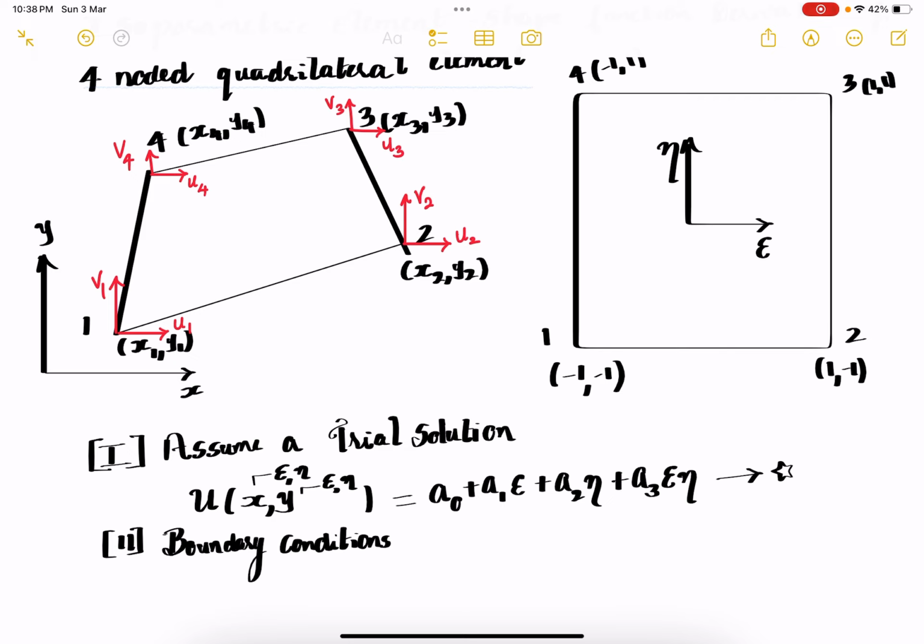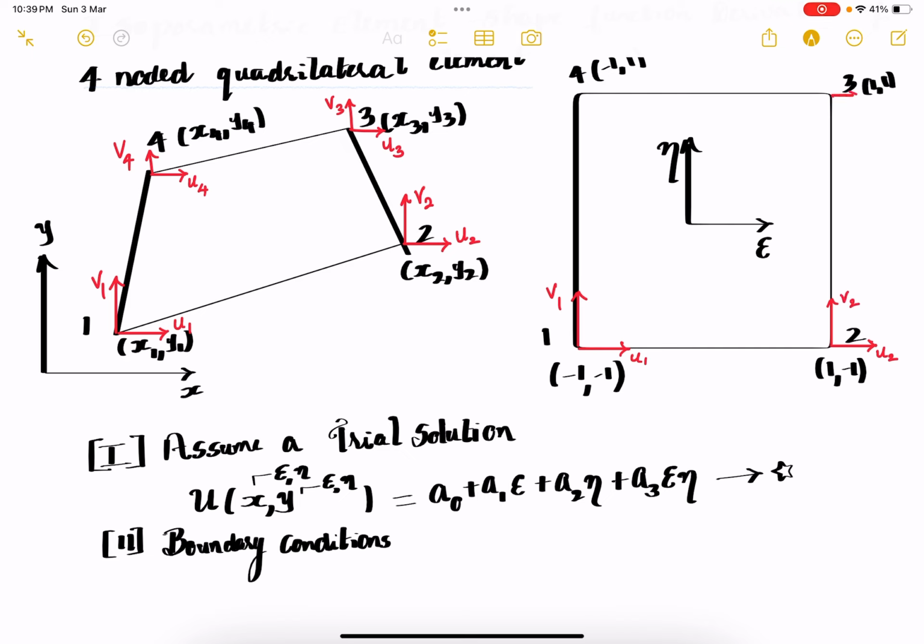In exactly the same manner, the displacement of the nodal point 1 in the master element is going to be u1, and here it is v1. The displacement of nodal point 2 in the master element is going to be u2, here it's going to be v2.